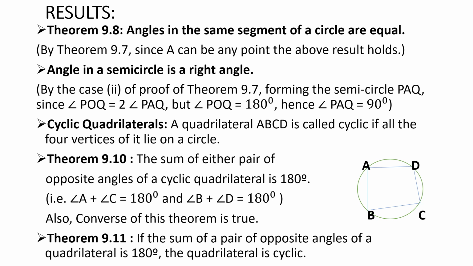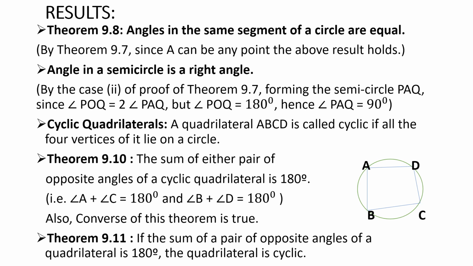If you consider the second case of the proof of theorem 9.7, in which PAQ forms a semicircle, since POQ is twice angle PAQ, but what is POQ? It is 180 degrees. So angle PAQ will be 90 degrees. Hence, angle in a semicircle will be a right angle.